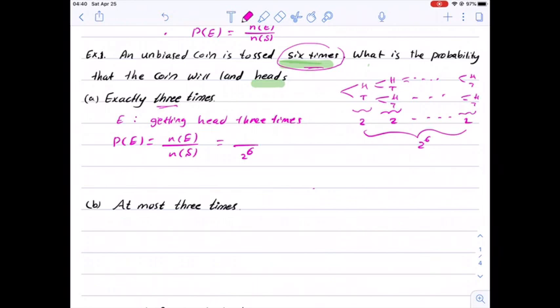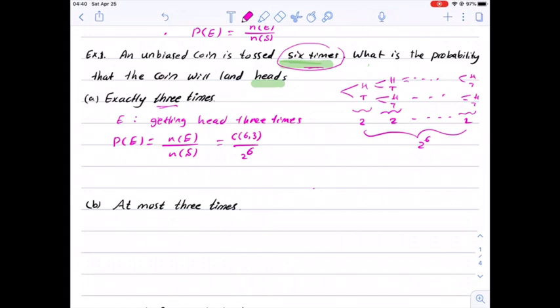Now what is the number of outcomes of the event? Getting 3 heads. Here order doesn't matter, so we can use combinations. From 6 tosses we want to get heads on 3 of them.